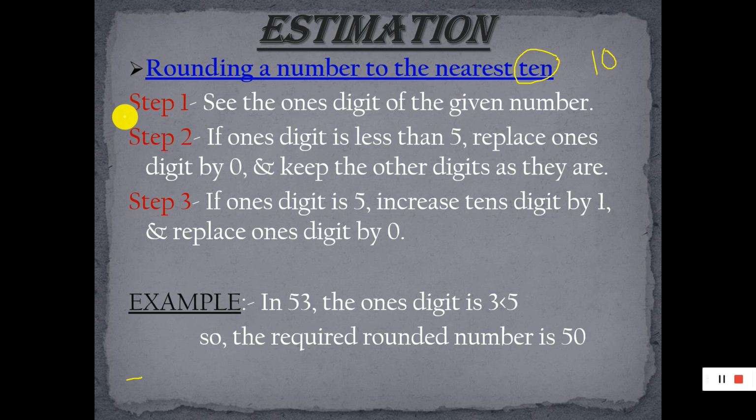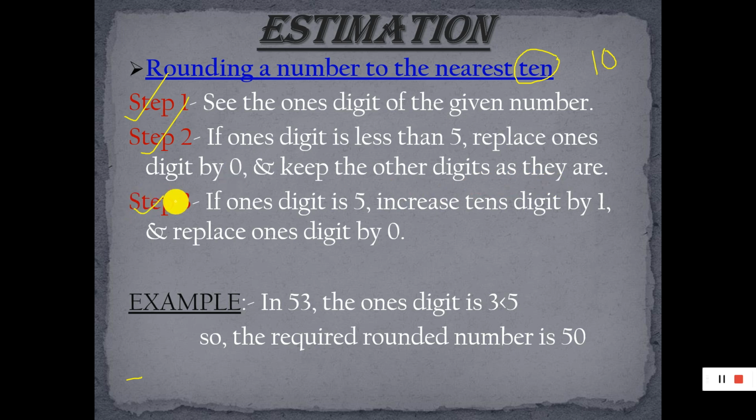There are some steps. Step one is to see the ones digit of the given number. First of all, you see the ones digit of the given number. Step two: if the ones digit is less than 5, replace the ones digit by 0 and keep the other digits as they are.